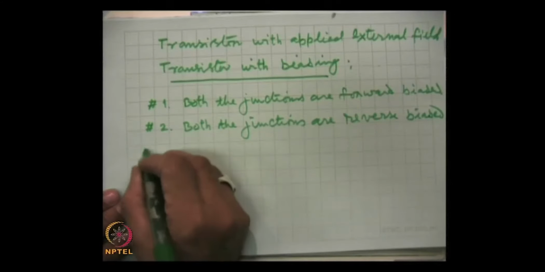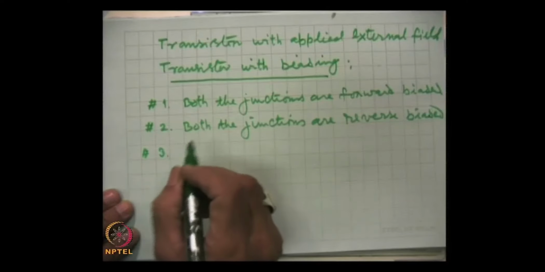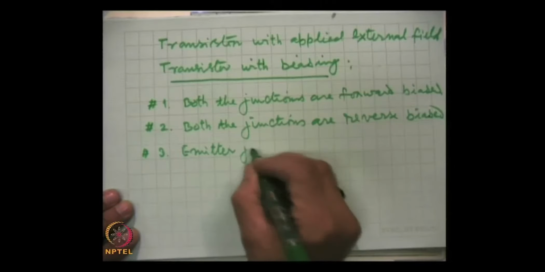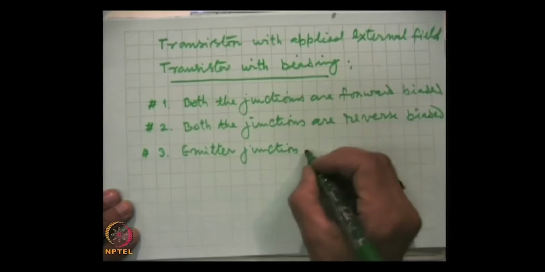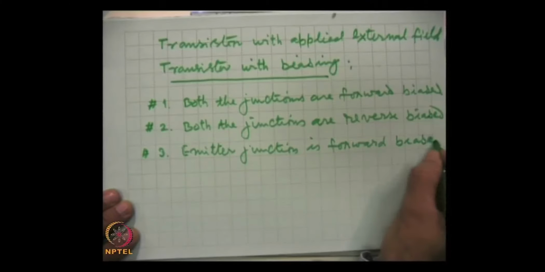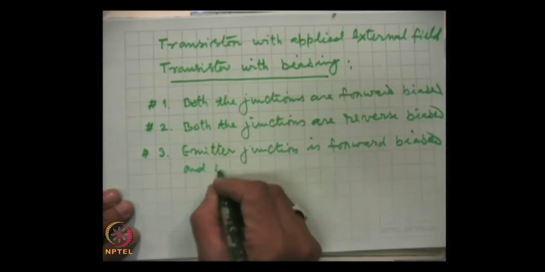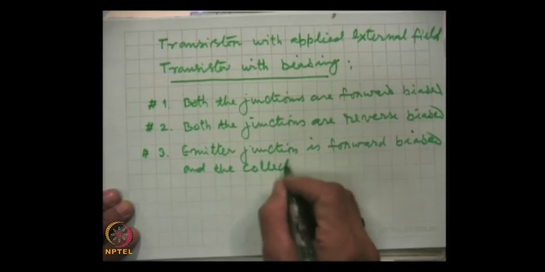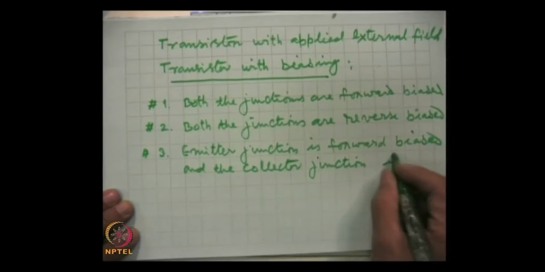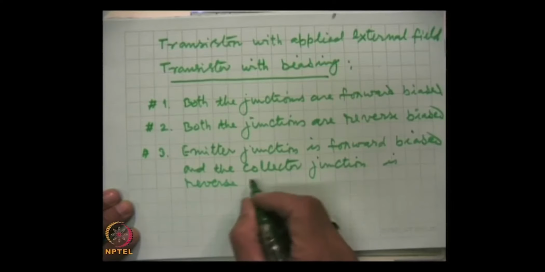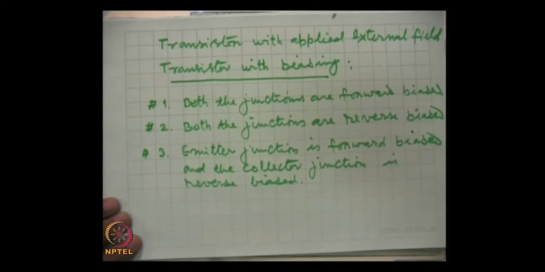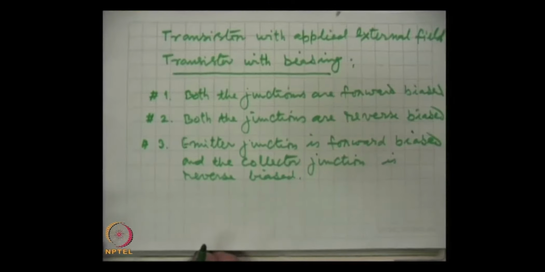And the third scheme is the emitter junction is forward biased, and the collector junction is reverse biased. These are the three schemes which we will be discussing.